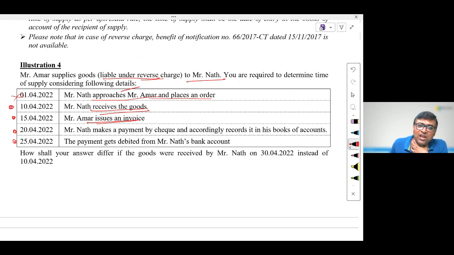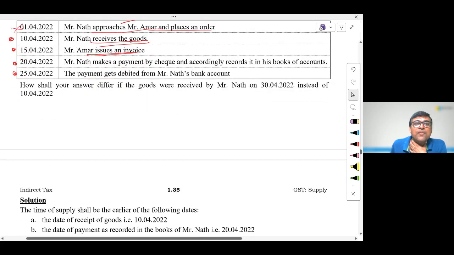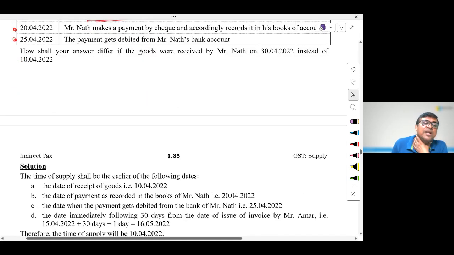So for the purpose of computing the time of supply, we have 4 dates to examine. The date of receipt of goods, that is 10th April. The date of payment recorded in your books of accounts, that is 20th April. The date when the payment gets debited from your bank account, that is 25th April.